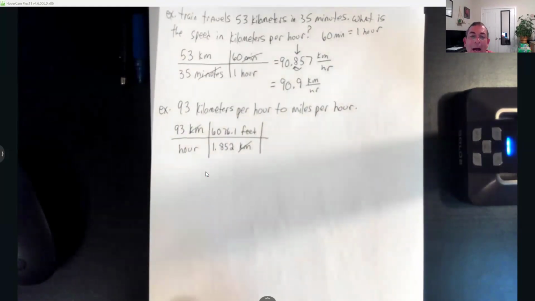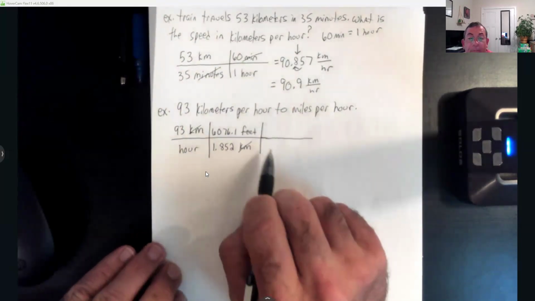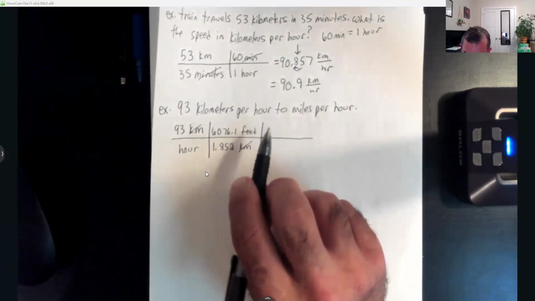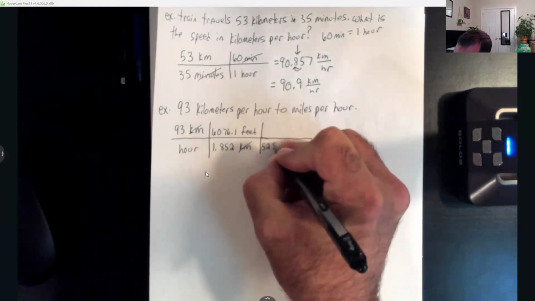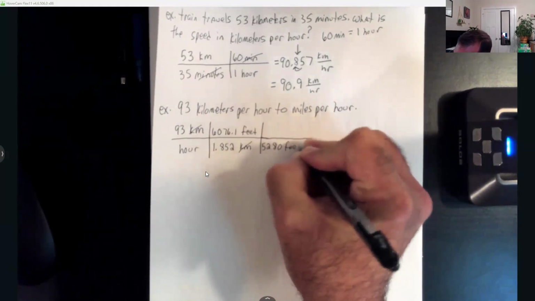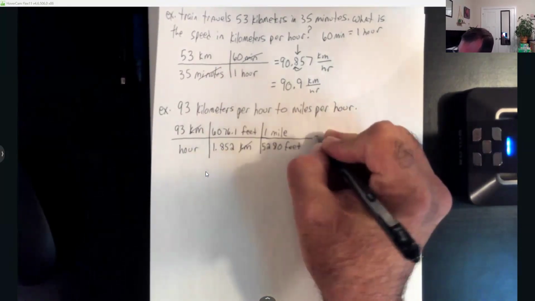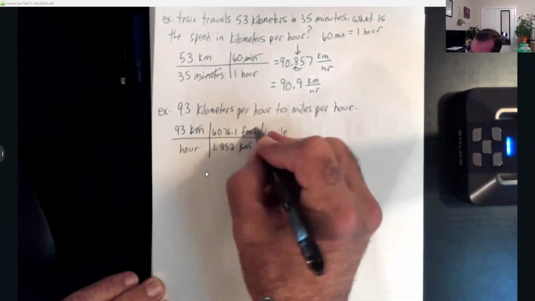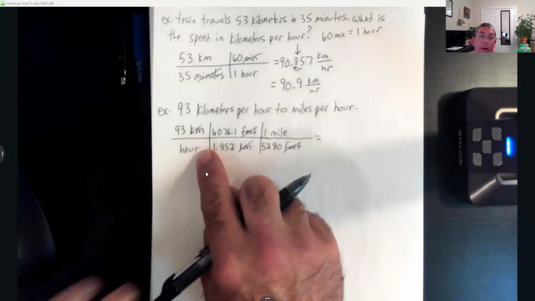But remember, they want miles per hour. So I'm going to convert from feet to miles because I had a conversion that said there were 5,280 feet per 1 mile. So y'all look, the feet cancel. Now I'm left with miles per hour.